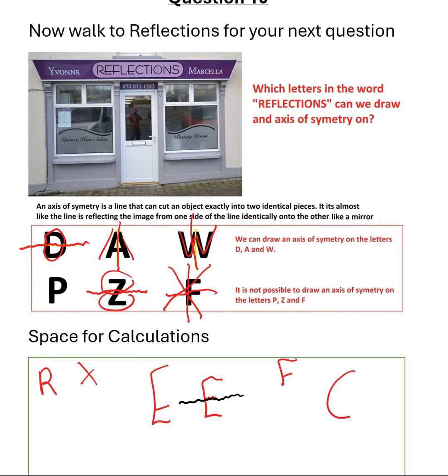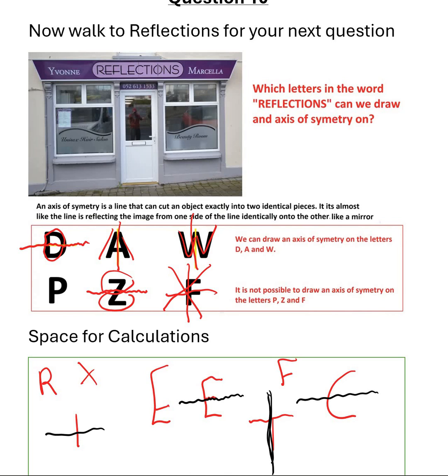The C does. Okay, if I draw a line straight across here, it's the same on both sides. The T does. Okay, if I draw a line down the middle, it'll be the same on both sides. The I does. Okay, if I do an I here and I draw a line straight across it, it'll be the same on both sides.